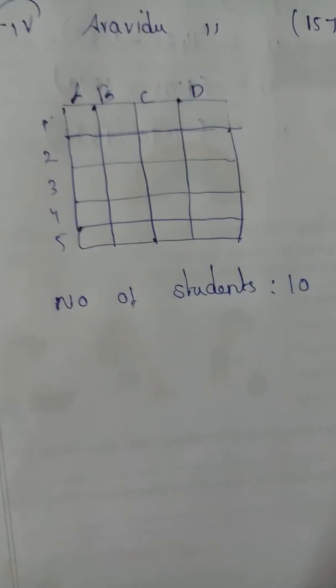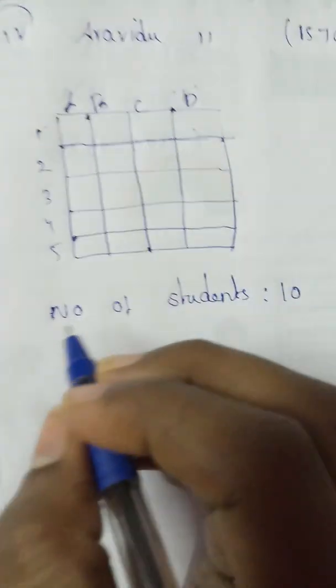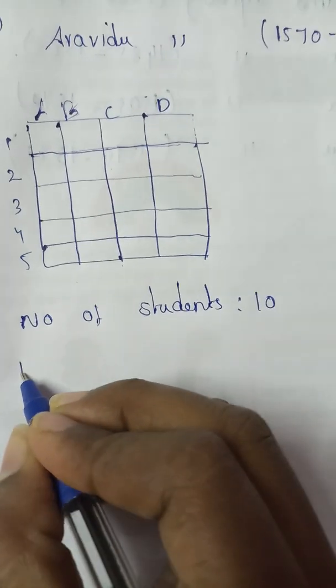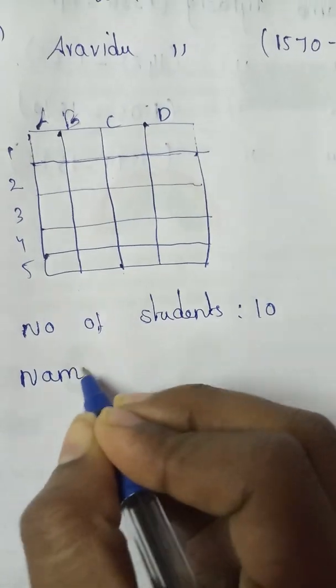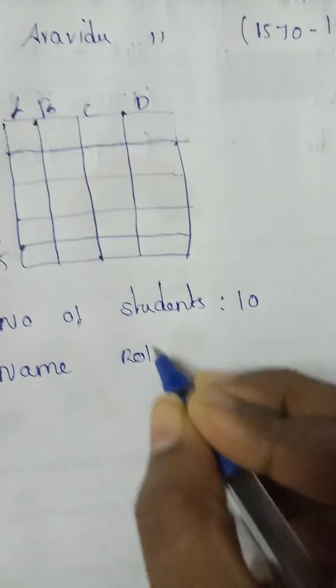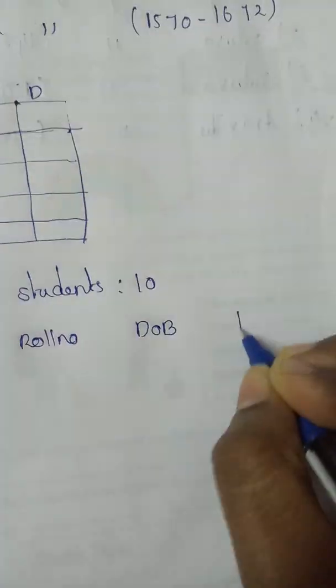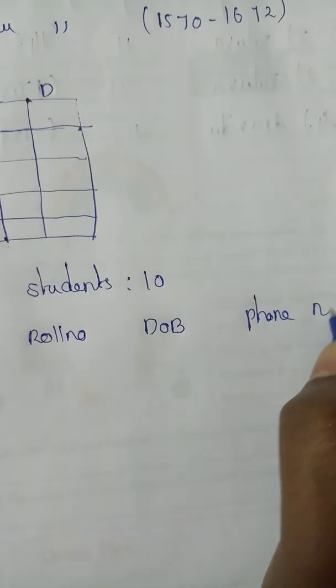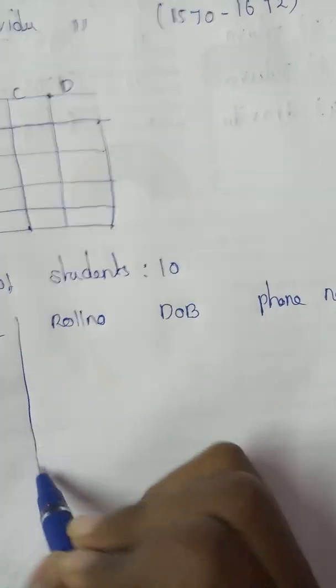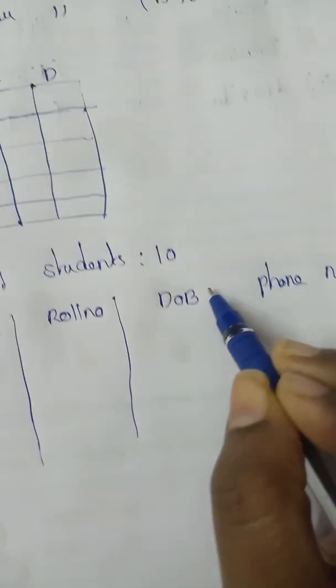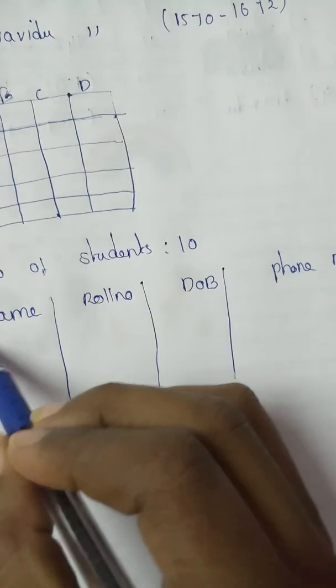And the headings are first name, roll number, date of birth and then phone number. Here I need 4 columns.